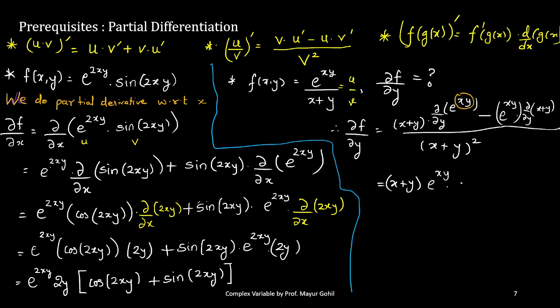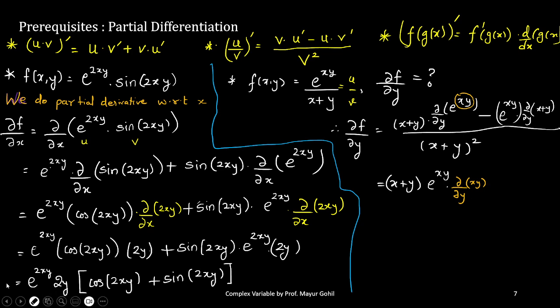So what I will have here is one term extra because of the chain rule. E to the power function derivative is e to the power function, but we have to take the derivative of the function again. So here it is xy, minus, so that minus sign you have there.